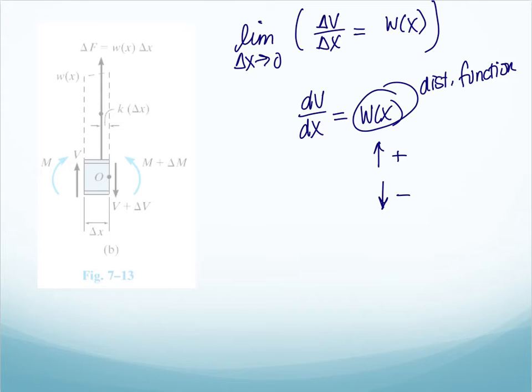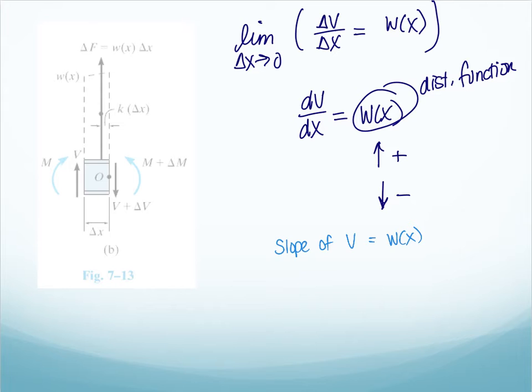When we do that, we notice that the derivative of the shear force diagram is equal to the distributed load. And that basically means that the slope of the shear force diagram is equal to the function for the distributed load.